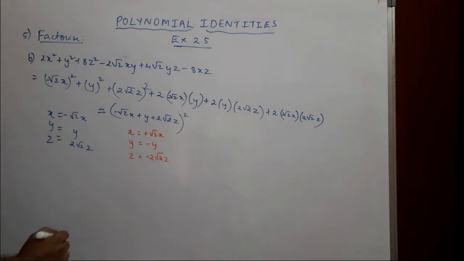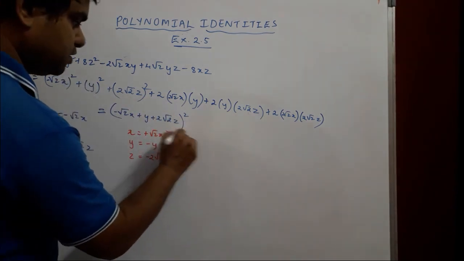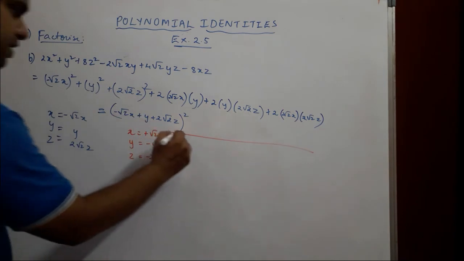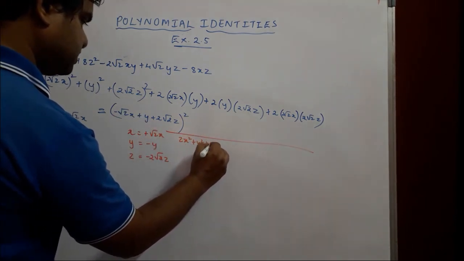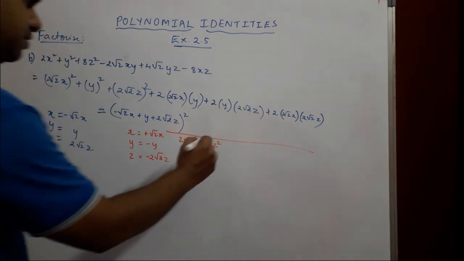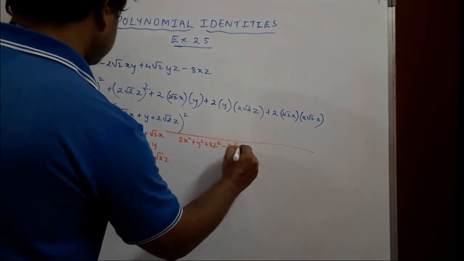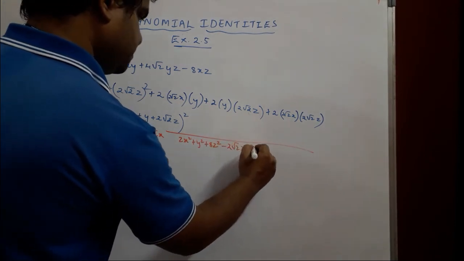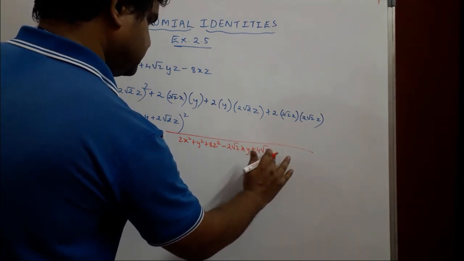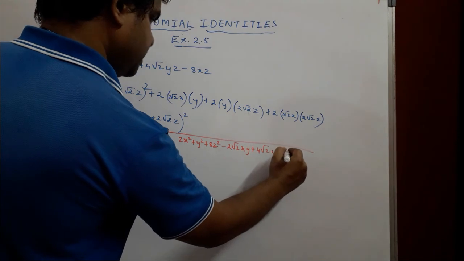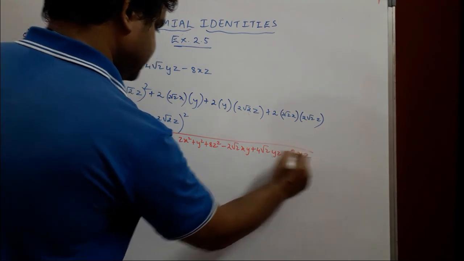So in that case what will happen? I'll rewrite the whole problem once again. So that is 2x square plus y square plus 8z square minus 2 root 2 xy plus 4 root 2 yz and minus 8xz.